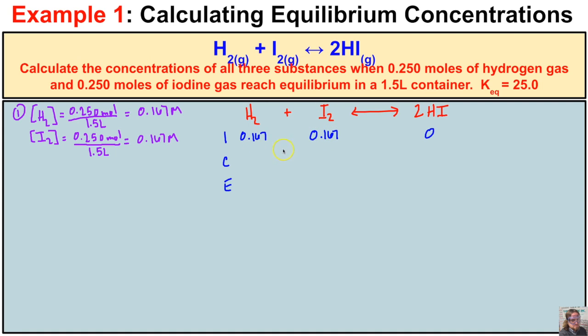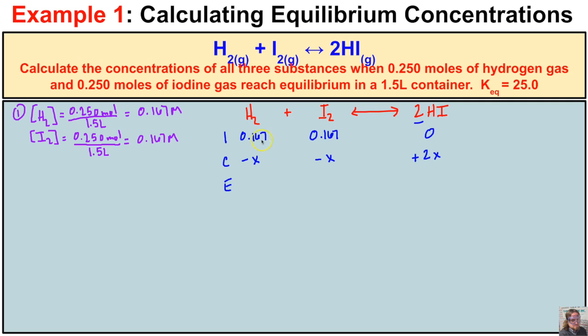And so now, this chemical reaction is going to take place, and there's going to be a change in the concentration of H2 and I2 as it produces HI gas. And so we can label this change as negative x here, negative x here. And if we take a look at the stoichiometric relationships between these substances, this right here will be a positive 2x, right? The change times the coefficient of 2 we put right here.